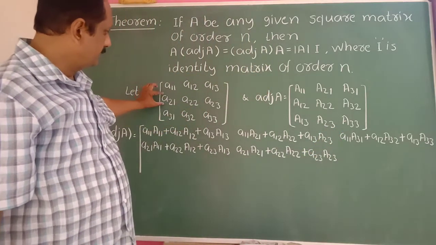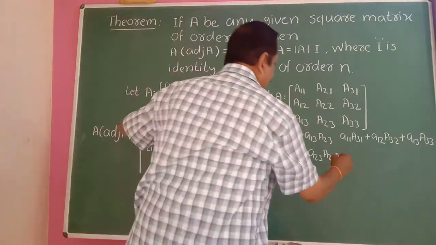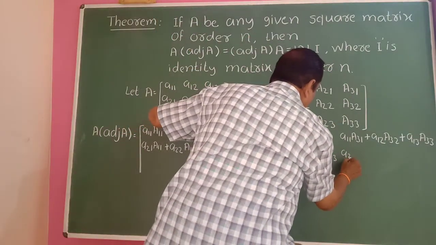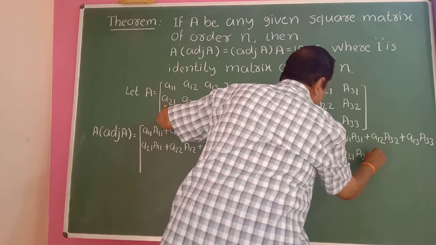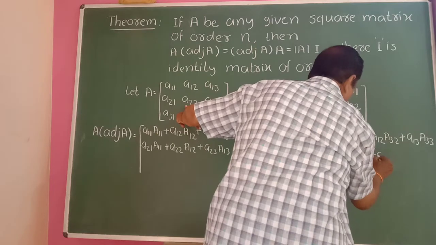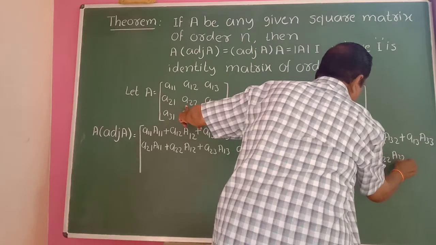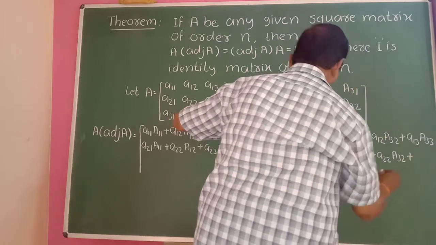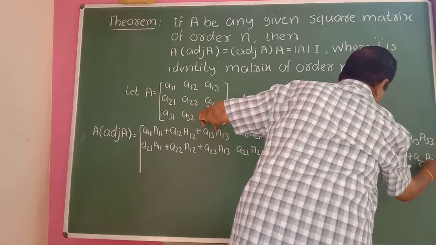Then multiply this row with the third column: A21 into A31 plus A22 into A32 plus A23 into A33.